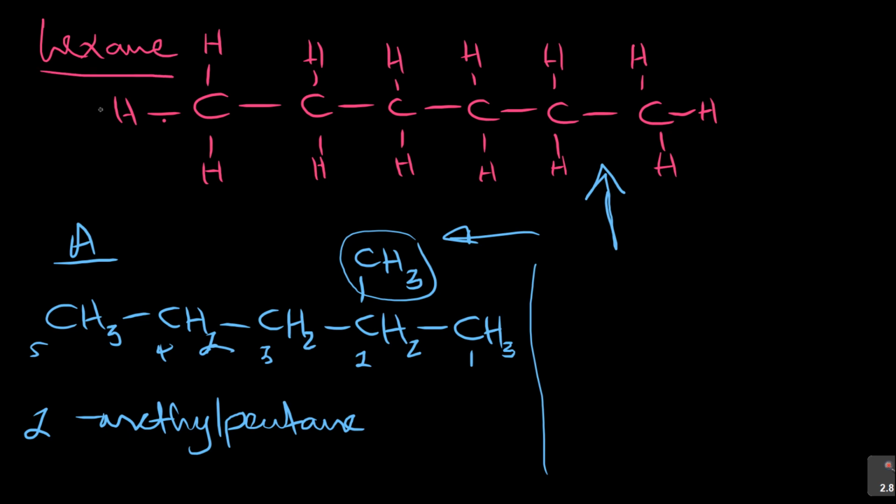Same molecular formula. Now hexane, it's C6H 1, 2, 3, 4, 5, 6, 7, 8, 9, 10, 11, 12, 13, 14. What about 2-methyl pentane? C6, because it's 5 carbon plus 1. This is carbon number 6. How many hydrogen? 3, 4, 5, 6, 7, 8, 9, 10, 11, 12.